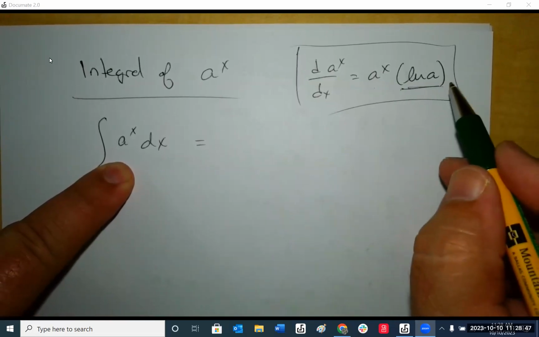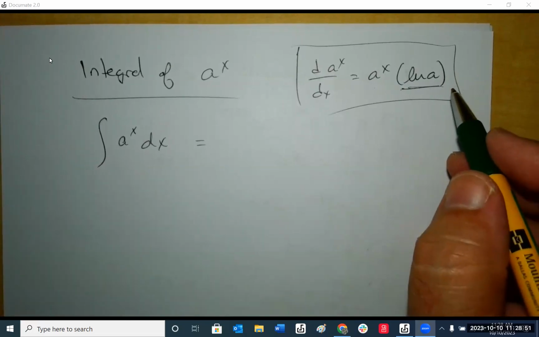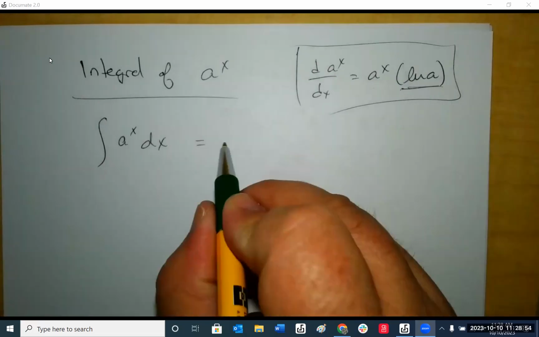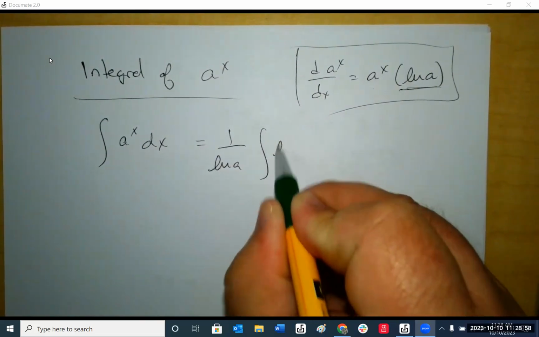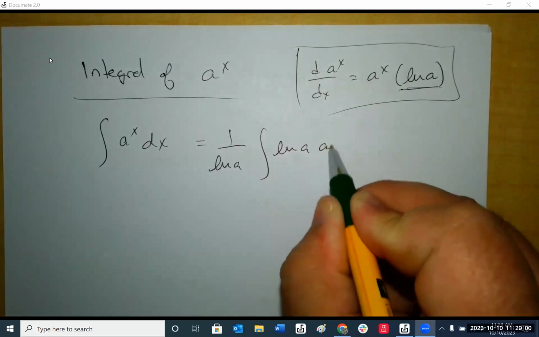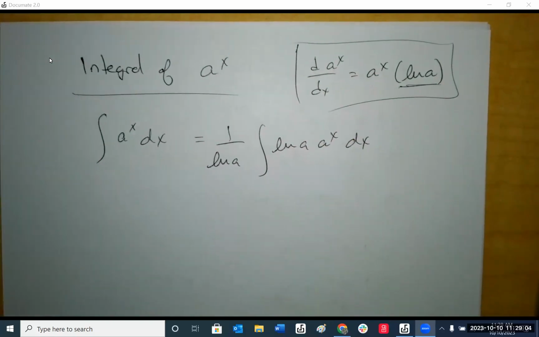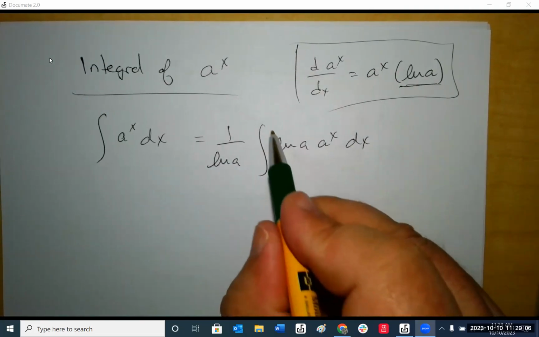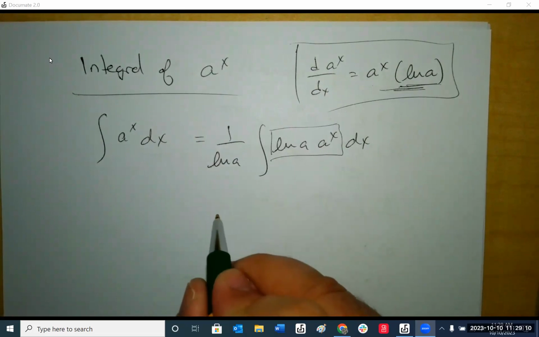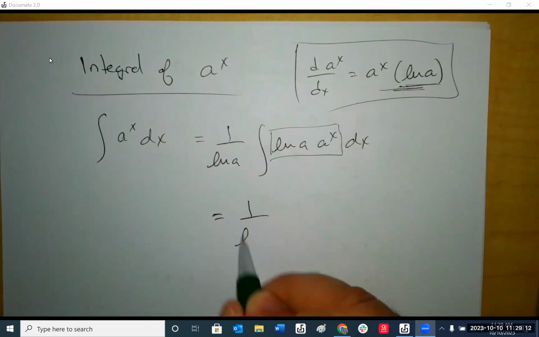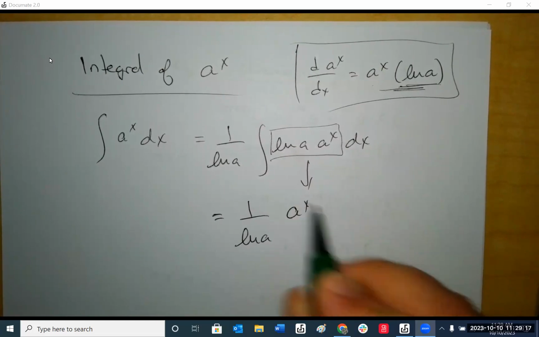Ln a. That's a constant, isn't it? So we would need 1 over ln a times the integral of ln a times a to the power x dx, because the integral of this is a to the power x.